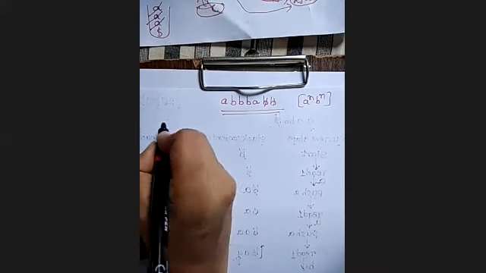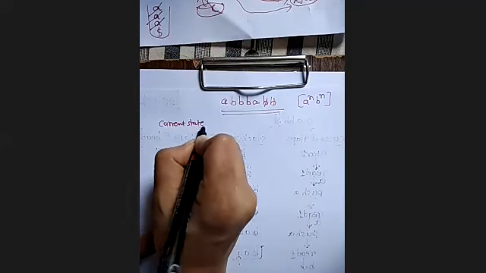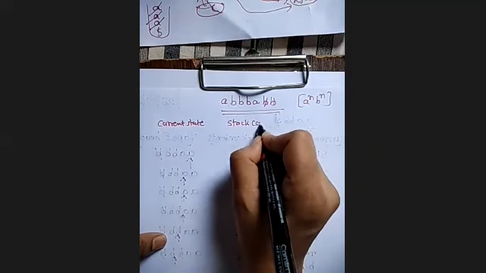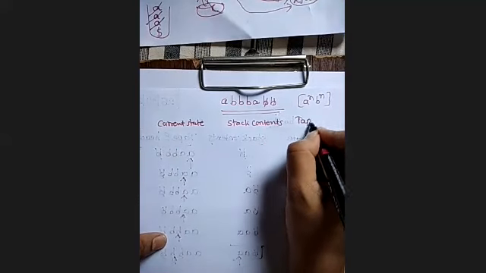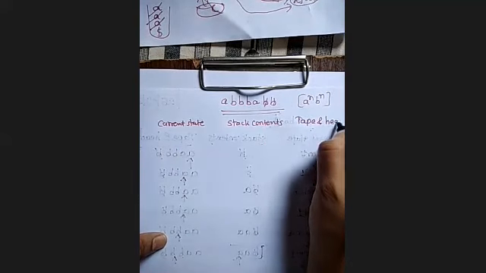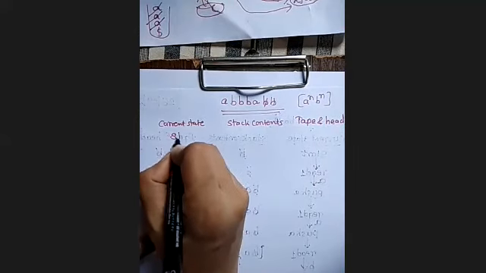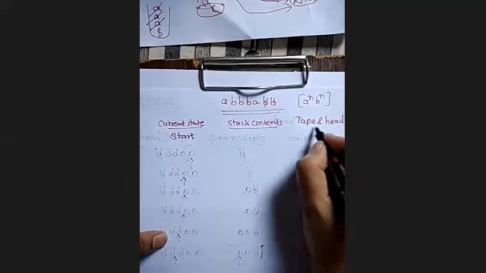Now you are going to tell me fast, the current state. Make the three columns again: current state, stack contents, tape and the head. As the start is the beginning of our computation, we'll start with the start state.